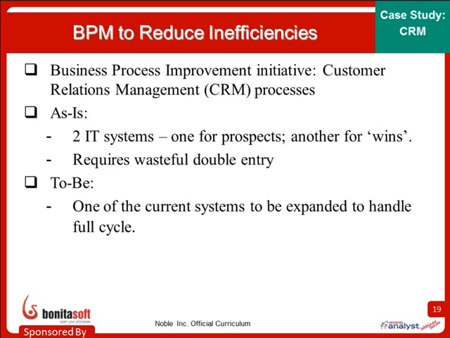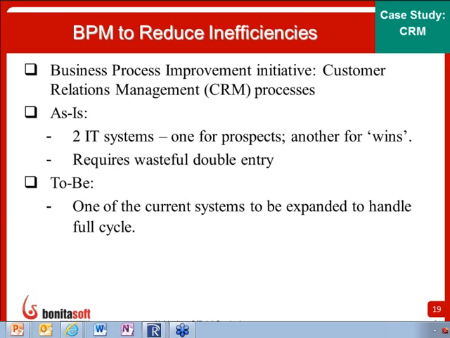Here's another one for inefficiencies. A number of answers that came in said, yes, we're doing business process modeling for that reason. So here's an example. There's another company that we dealt with. They had services they provided to their customers. They had a customer relations management system that worked like this for historical reasons, and it's almost always there's a historical reason for this.